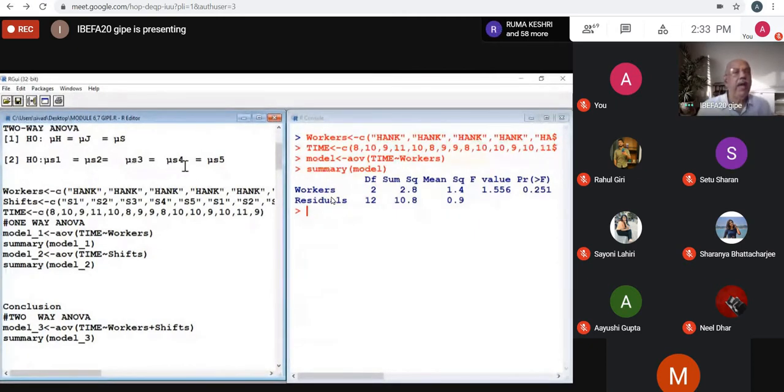Suppose, along with the workers, if you consider their shift on which they work, then there are two hypotheses. Average time by worker, average time per shift.